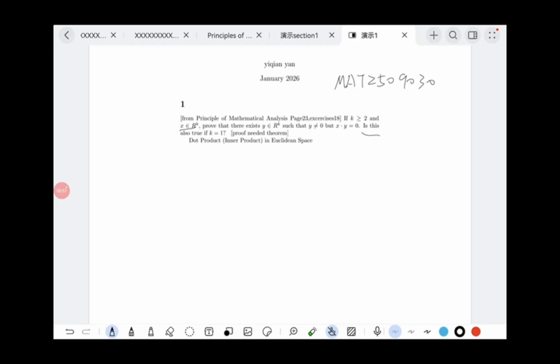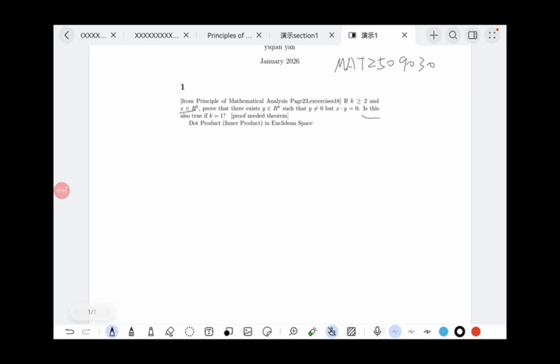For this we need the dot product in Euclidean space. In Euclidean space, x can be written as x1, x2, x3, up to xk.